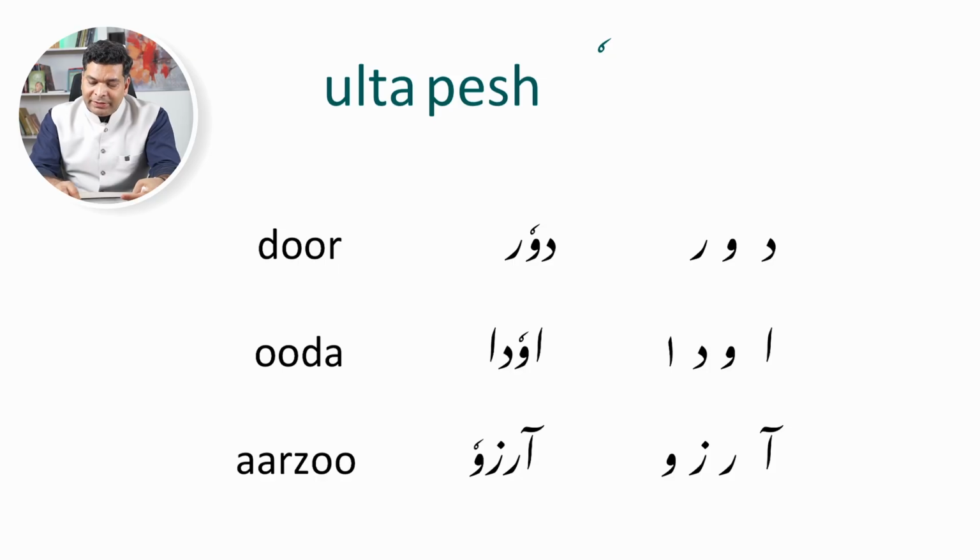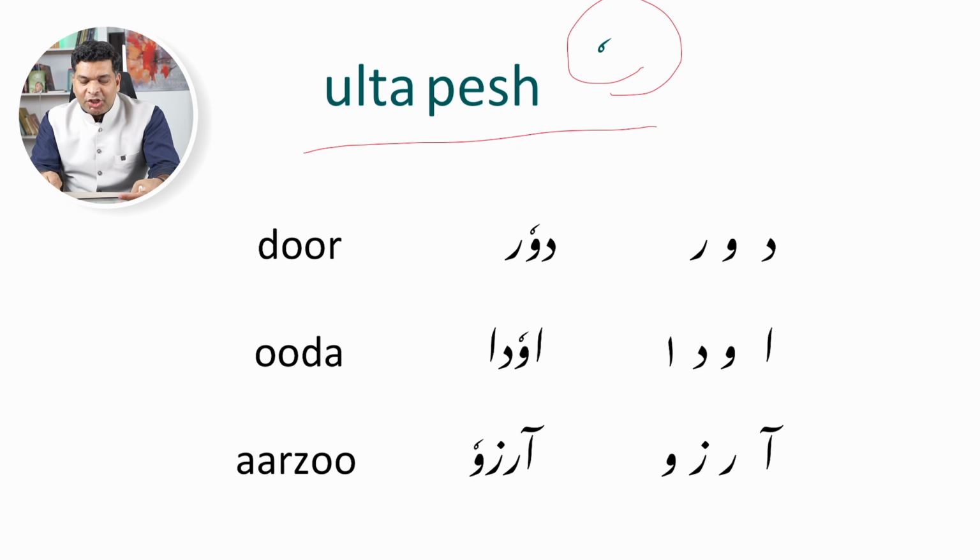Then we have another symbol which is called ulta pesh, which is like a pesh but reversed in its shape, and normally appears on top of vow. And what it does is that it provides the oo sound. So for example, dal, vow, and we put ulta pesh on top of vow, it becomes dur.